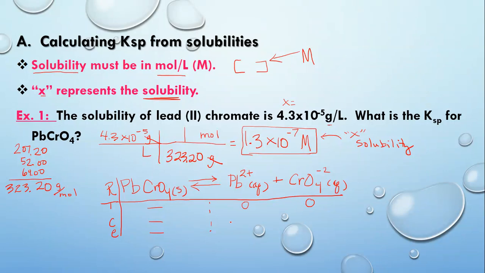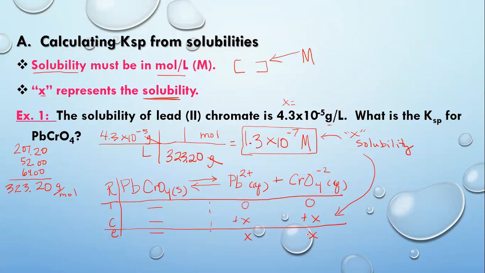But the change will be your solubility, or your X. If you think in terms of stoichiometry, it's always going to shift to the side where there's the hole, if you will. It's going to shift to the products here. So plus X, plus X. And that means at equilibrium, we know that X is our solubility, so 1-to-1 ratio.